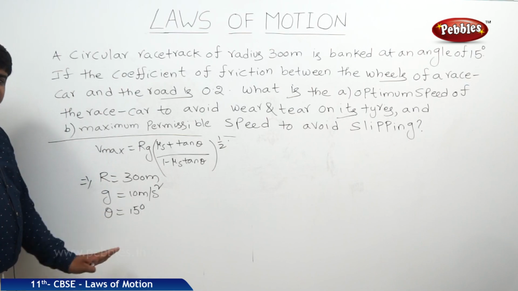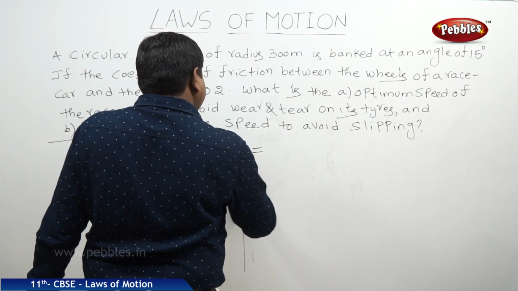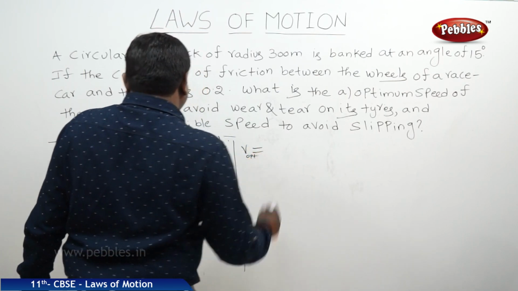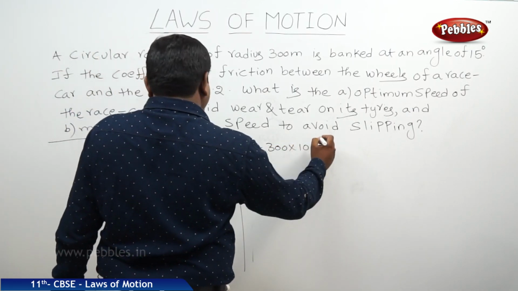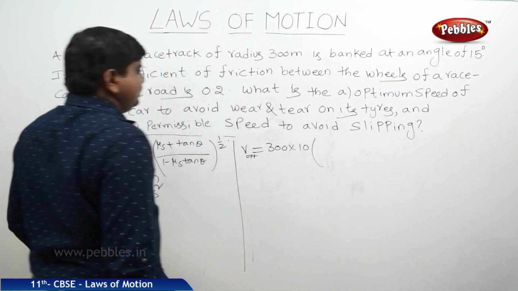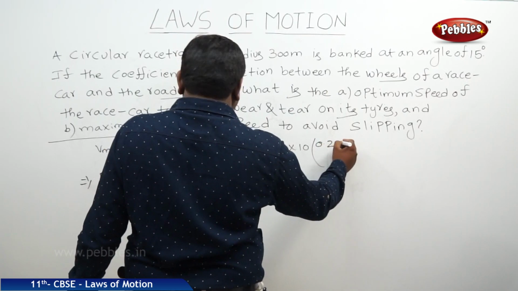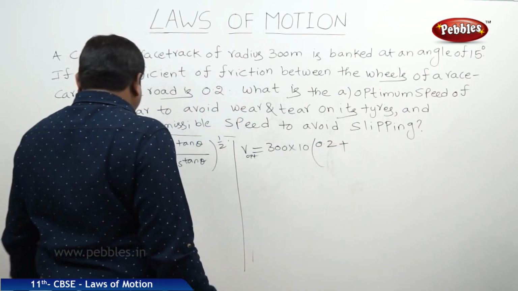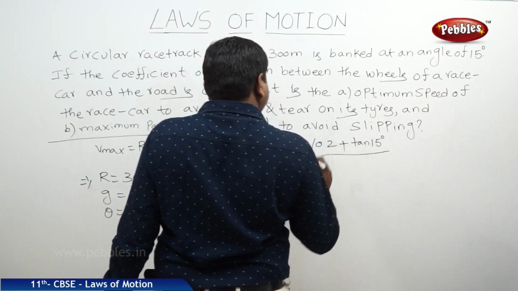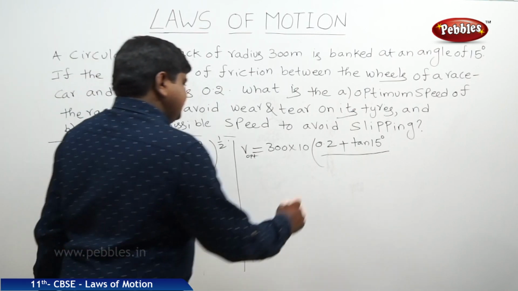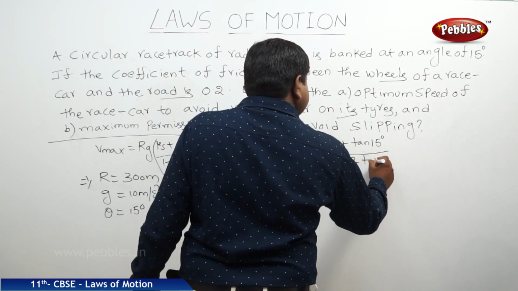So now we are substituting all these three values in this equation. Therefore V is equal to, or V optimum is equal to square root of R into g into (mu s plus tan theta) by (1 minus mu s tan theta). R is 300, g is 10. The frictional coefficient on the road is 0.2, therefore it is 0.2 plus tan 15 degrees by 1 minus 0.2 tan 15 degrees.